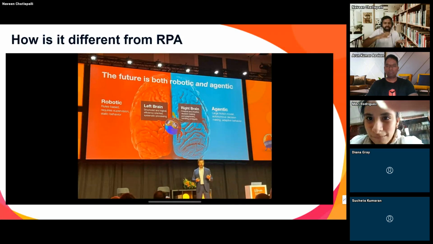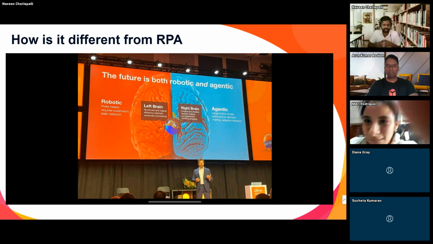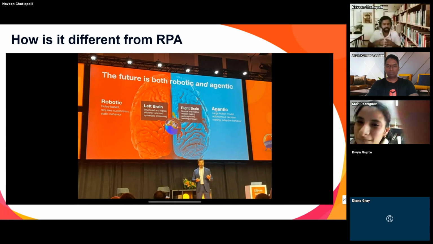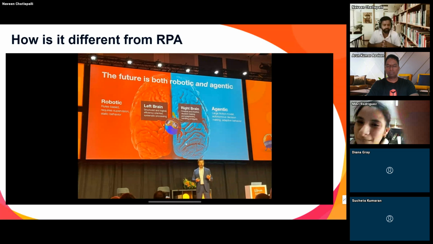He's also claiming that 80% of what is currently running can be agentic, not 100%, because there will always be some rule-based approaches. And agentic processes can solve some intuitive and decision-making operations, which will go hand in hand with both AI agents and robotic process automation.